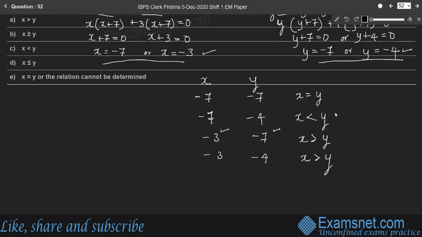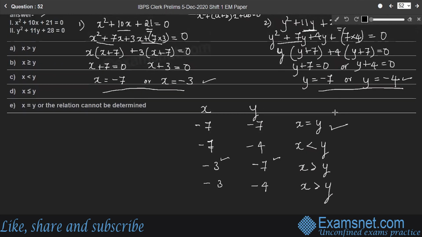So let us conclude. Here in one case, x is equal to y, right? In another case, x is less than y. In the other two cases, x is greater than y, right? Therefore, how do you conclude?